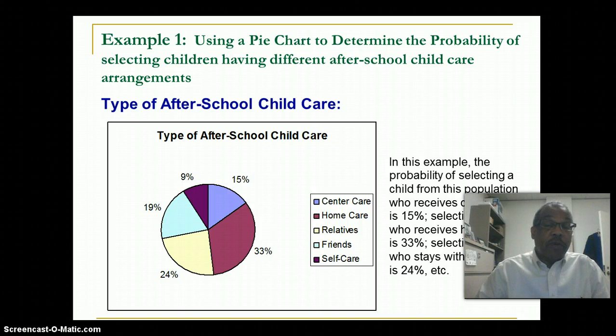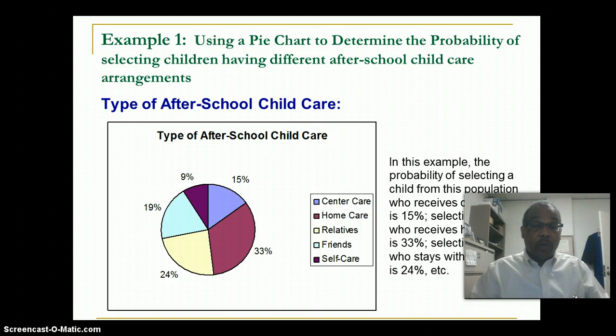Given what we know of the entire population of after-school care, we could select any individual child and ask questions like, if I find a child, what's the probability that that child got center care? Well, based on this data, one would say 15%.